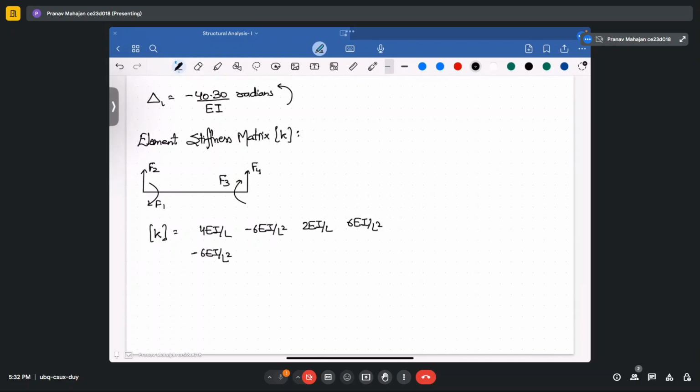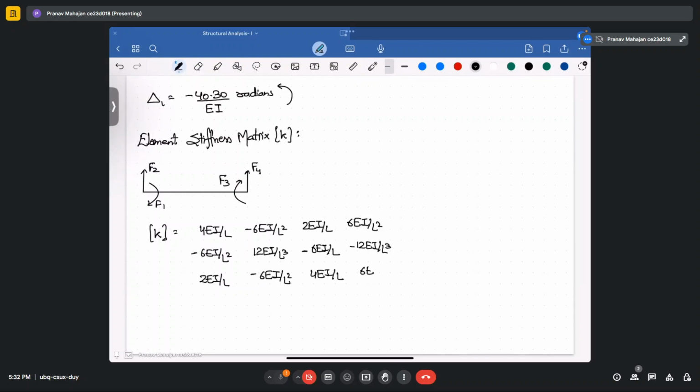Your assumed directions will define how your stiffness matrix will look. So this stiffness matrix differs from what we have written in the previous case. That is because in the previous case we have taken F1 as shear and F2 as rotation, and their directions are also different from what we have taken in this case.